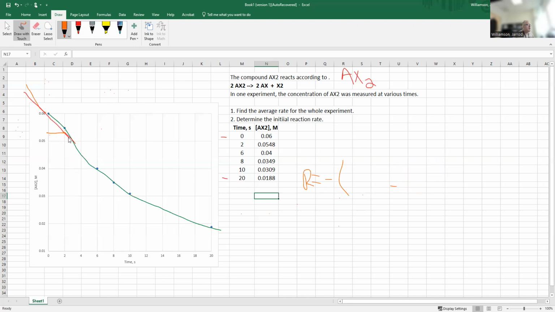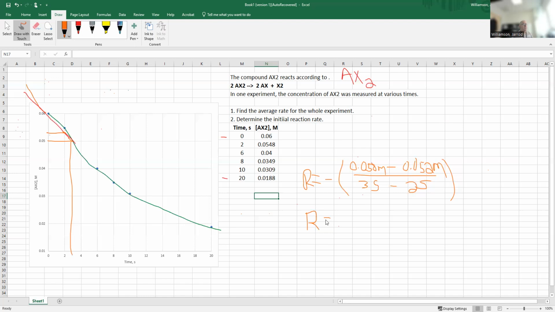And then if I extended it down to right about here, that point there is 0.05, and that looks like it's about 3 seconds. 0.05 molarity and 3 seconds. Right? It's sloppy because it's blinking around on me and I'm writing with my mouse. But the point is you learn how to do it, right?